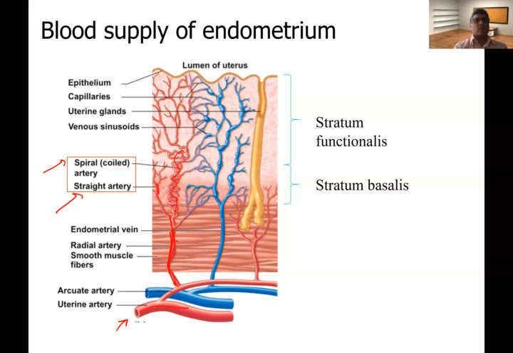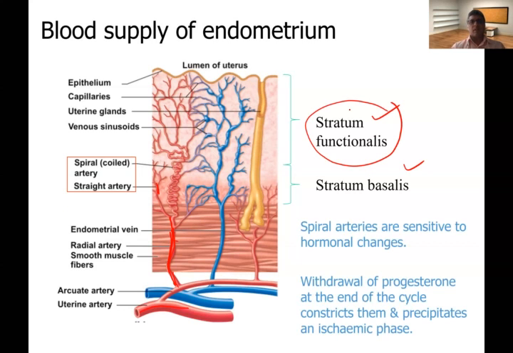Spiral ones are more important because when you study the uterine cycle, you learn about different layers of the endometrium. You have a stratum functionalis and a stratum basalis. During the menstrual cycle, the stratum functionalis is the one that breaks down. The reason why it breaks down is this: the spiral arteries are sensitive to hormonal changes.